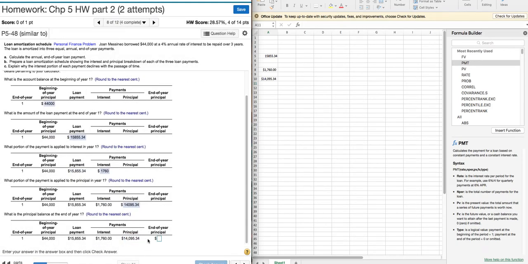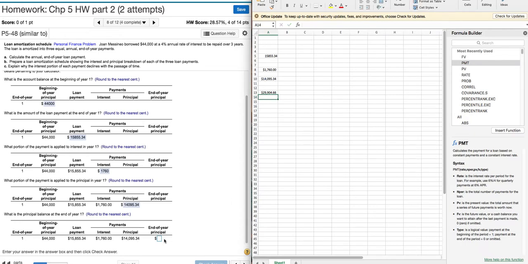The ending balance on the loan after the payment is applied to interest and principal would be the initial loan amount of $44,000 minus the principal, not the payment, because some of that went to interest. So the principal portion that we paid for year one was $14,095.34.